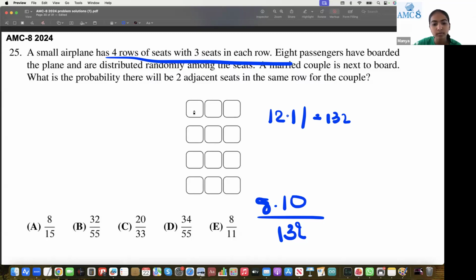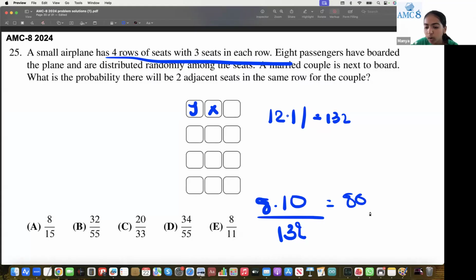Like if the couple would sit here, X and Y, then if they would swap places here, they would still be next to each other. Since there's 8 passengers and there's also 2 more people because of the couple, we would do 8 times 10, which is equal to 80.